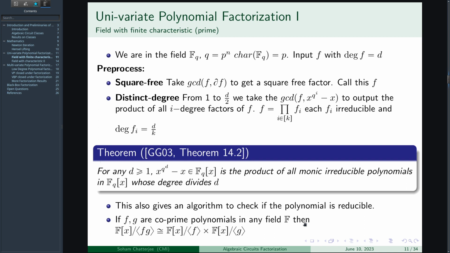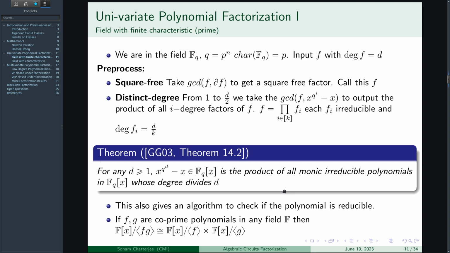Now, the next step: we make each factor have multiplicity 1.